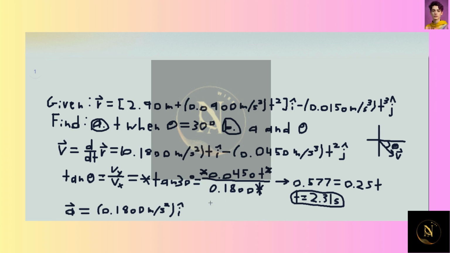So if I do that, I'm going to have a negative 0.0900 meters per second to the third, times t. Okay, so that's going to be the j hat direction. So now I have the acceleration.